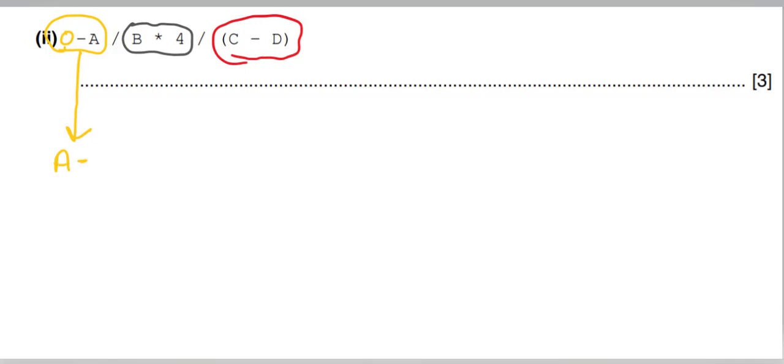Now, I'm going to go to this bracket first. C minus D. It's the same as saying CD minus. Now, we've also got B multiplied by 4. But I'm not going to touch this yet.